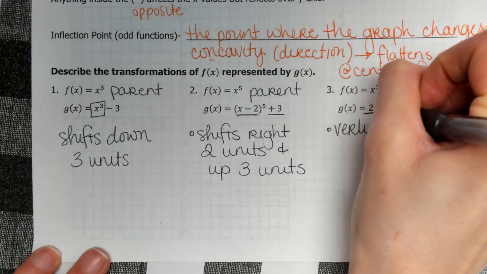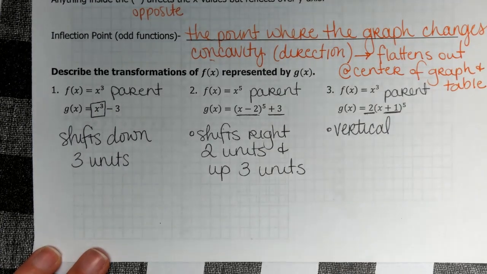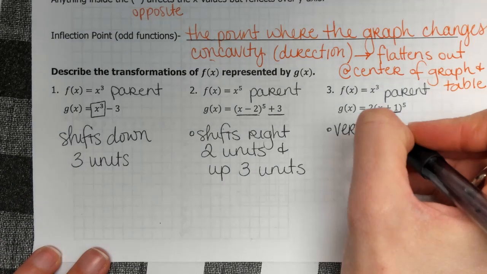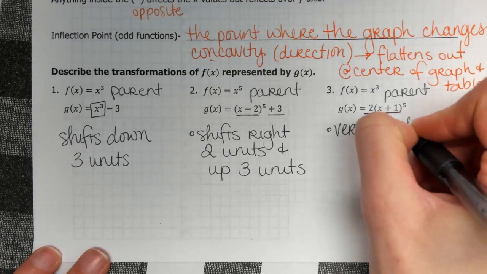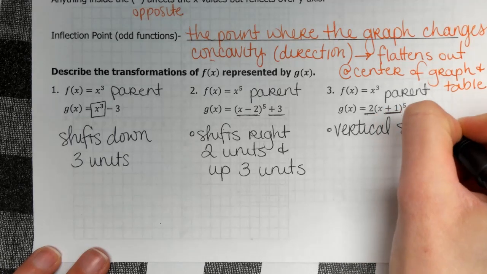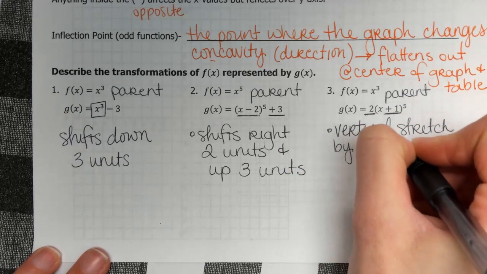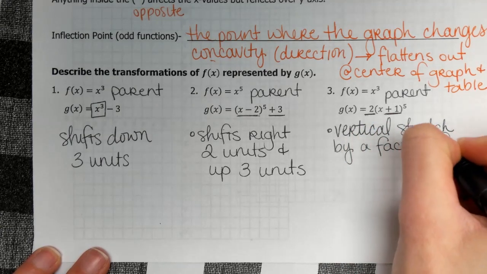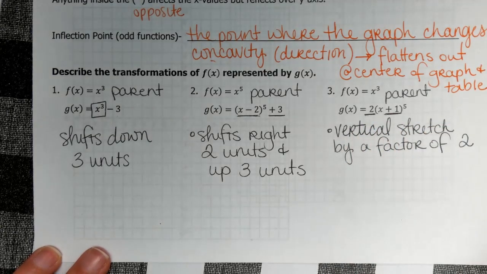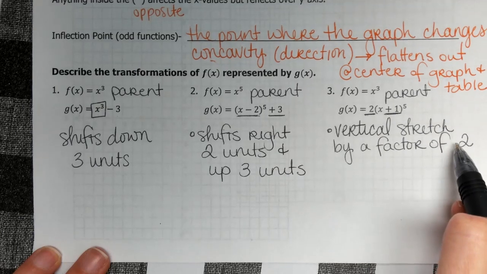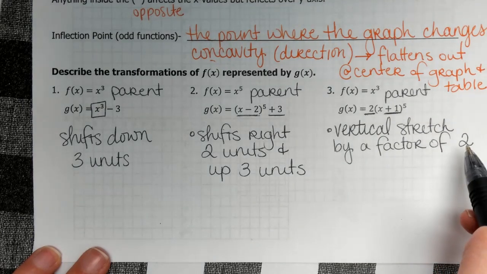You have to emphasize if it's a stretch or shrink, if it's vertical or horizontal. Okay? Now this number is more than 1, so it's going to be a vertical stretch by a factor of 2.